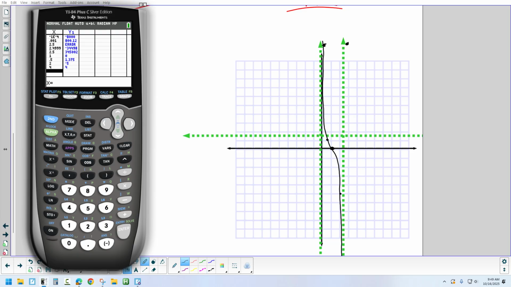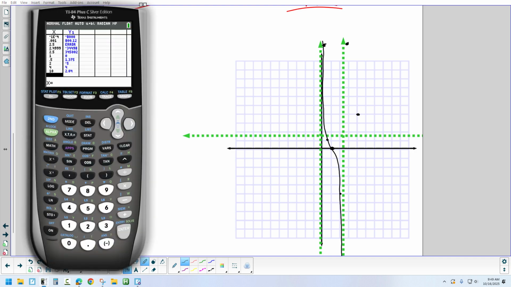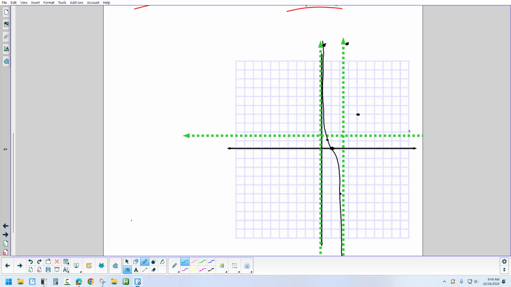And if you want to do one more, you could check 10 because that's the edge of my graph. 10, 2. I can see perfectly what's happening. It's going to curve right down, go like that.